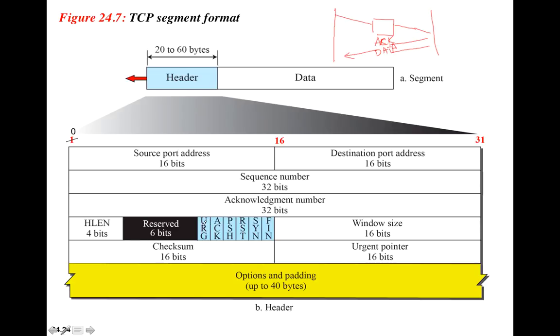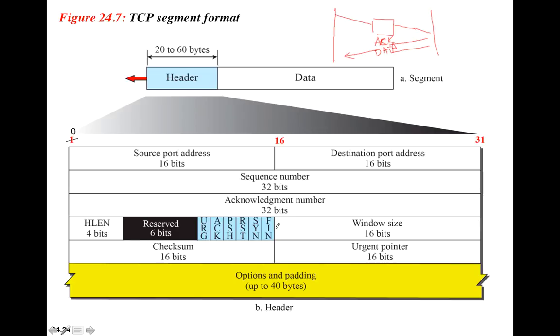The next we have in here is the urgent bit. When this is set, the packet will be given high priority, a VIP status. As soon as it arrives at the receiver, it will be processed. It will not wait. Why do we need this?